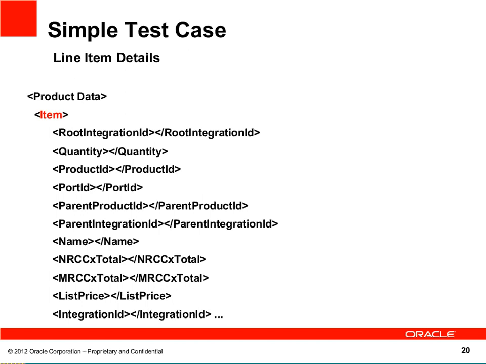No data are specified here. Just mention the name of the field you want to see, and you will get it returned. For example, quantity, product ID, name, or pricing related information, regarding prices, the price list, the integration ID, and stuff like that.